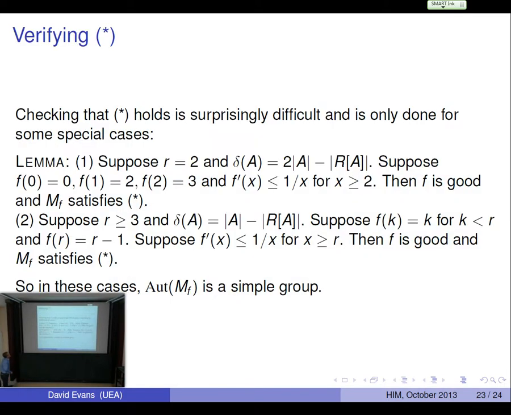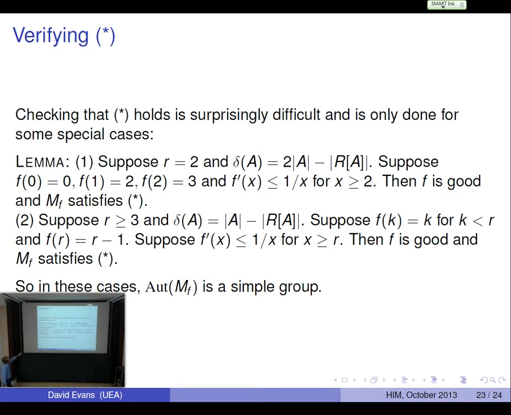But what about this extra condition? It's surprisingly difficult. You're just being asked to show that everything lies in the closure of a basic orbit. Well, we've done it in some special cases, my favorite two special cases. We've done it in the graph case, where the pre-dimension is given by twice the number of vertices minus the number of edges.